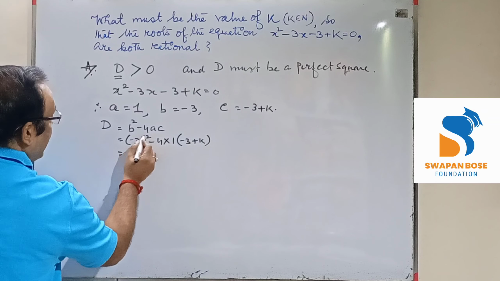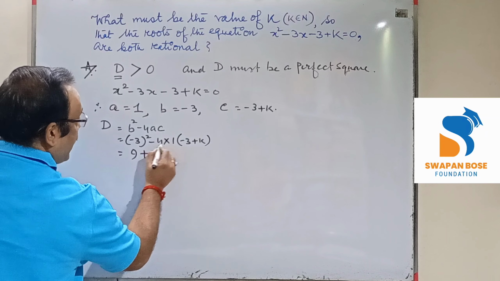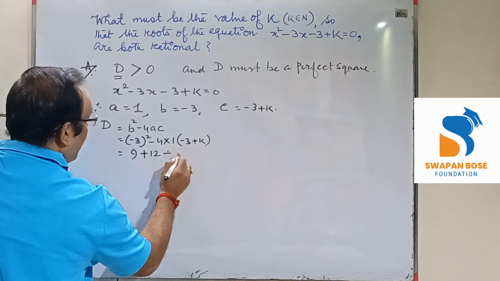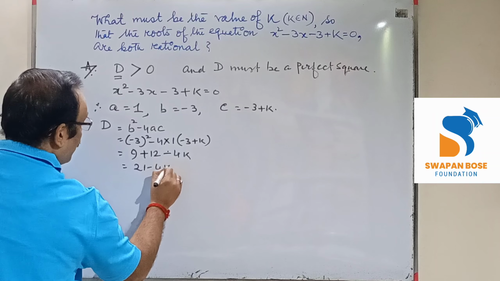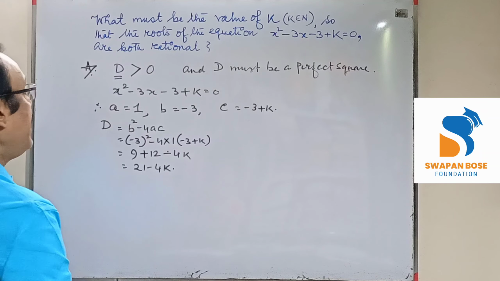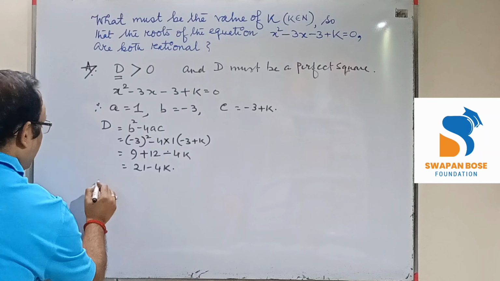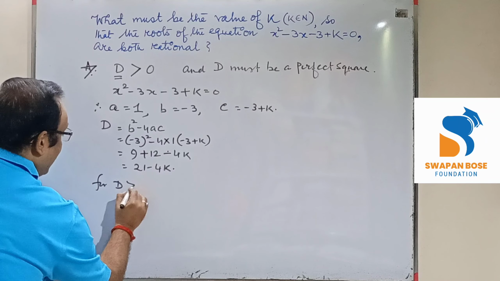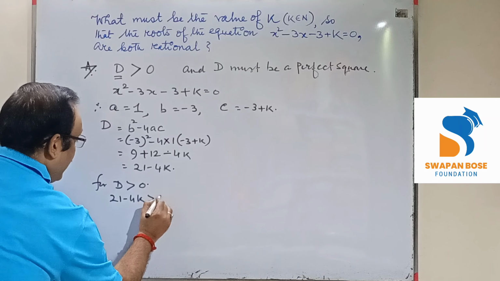So minus 3 square is 9, minus 4 into minus 3 is plus 12, minus 4 into k is minus 4k. So you get 21 minus 4k as discriminant. Now as I said, discriminant value should be greater than 0. That means for D greater than 0, 21 minus 4k should be greater than 0.